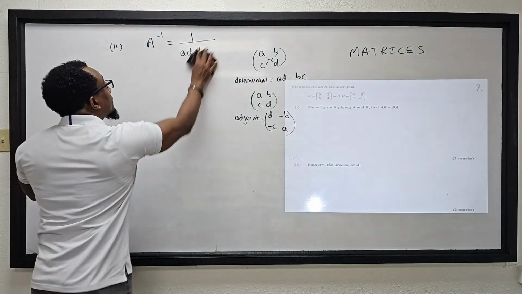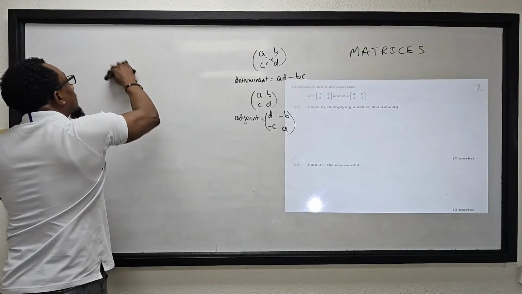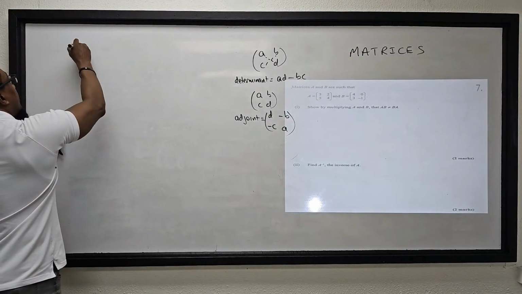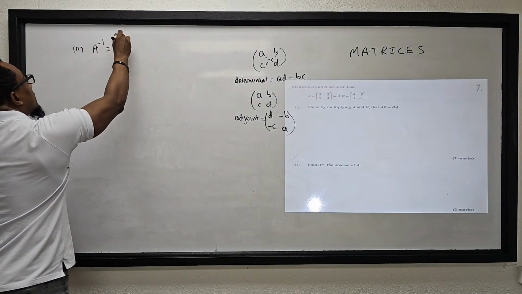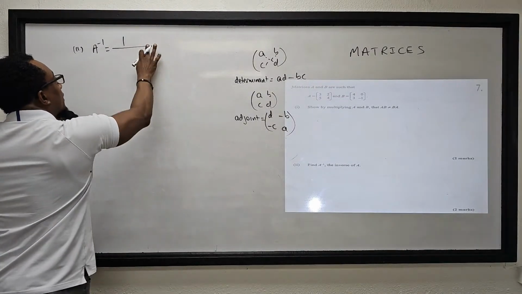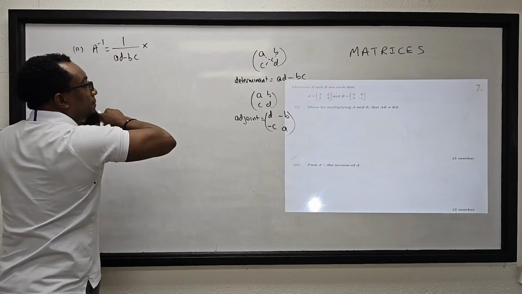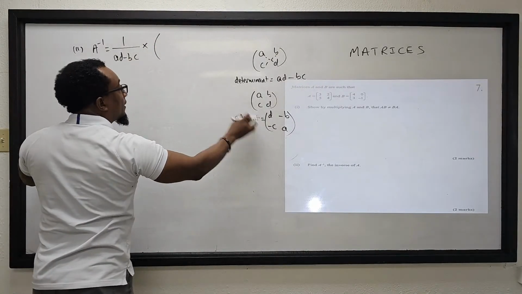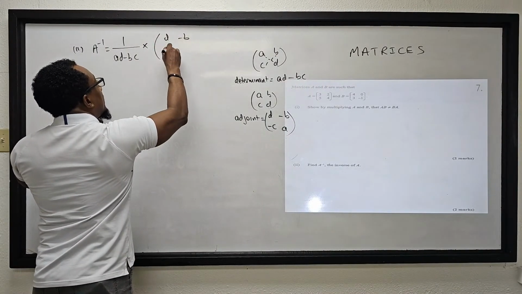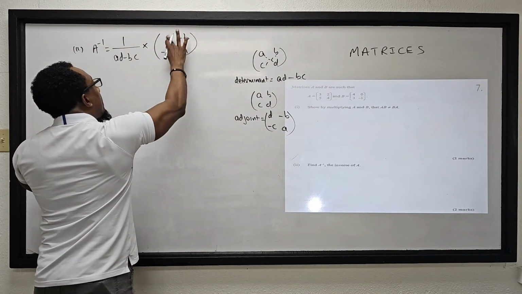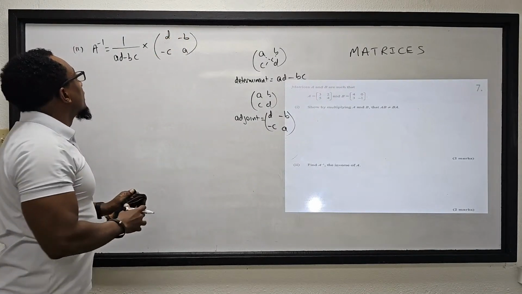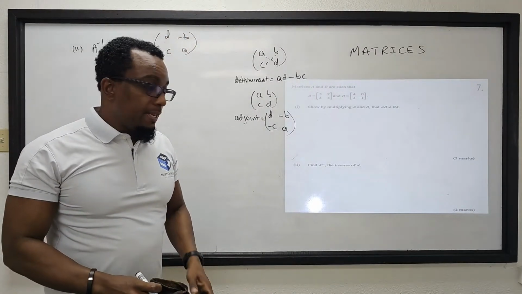So this will be part 2. A inverse is 1 all over your determinant AD minus BC times your adjoint D, negative B, negative C, A. That's your formula, alright, for the inverse.